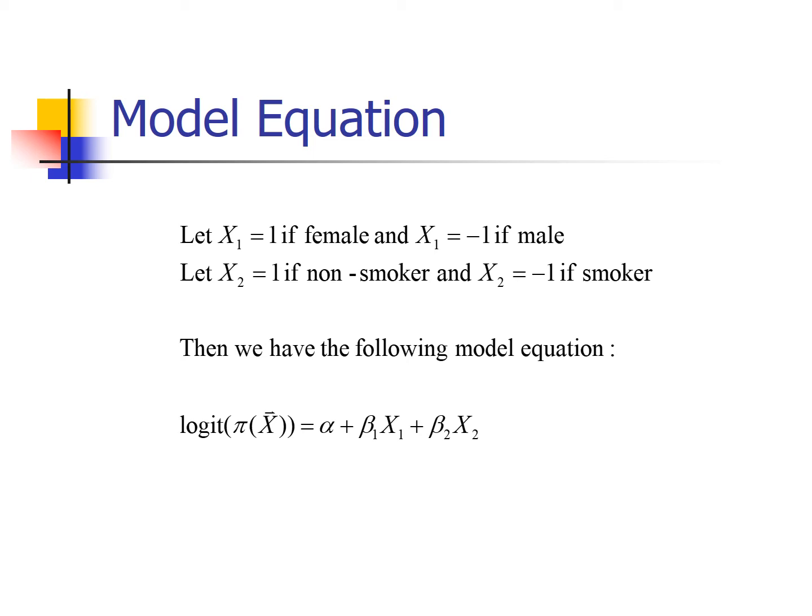Let x2 be -1 if they're a smoker. And then we have our following model equation. If you look just at the model equation, it looks the same. What's different is how we're defining those x's. And it is a bit of a convention to use alpha as our y-intercept instead of beta naught, so a slight change of notation.